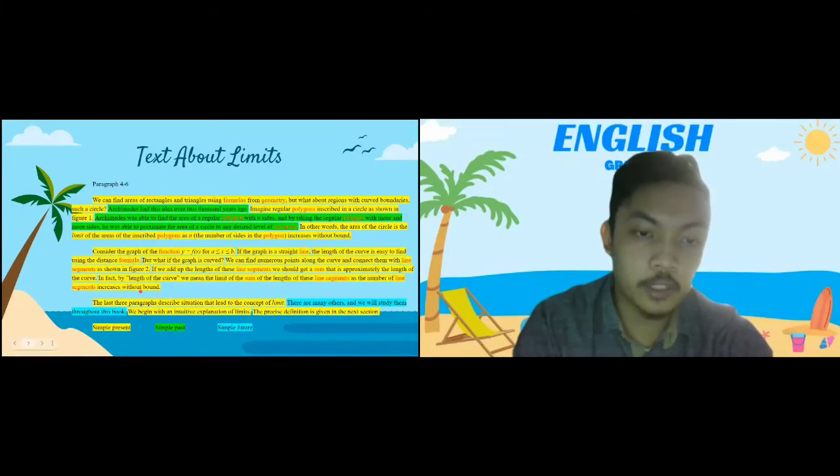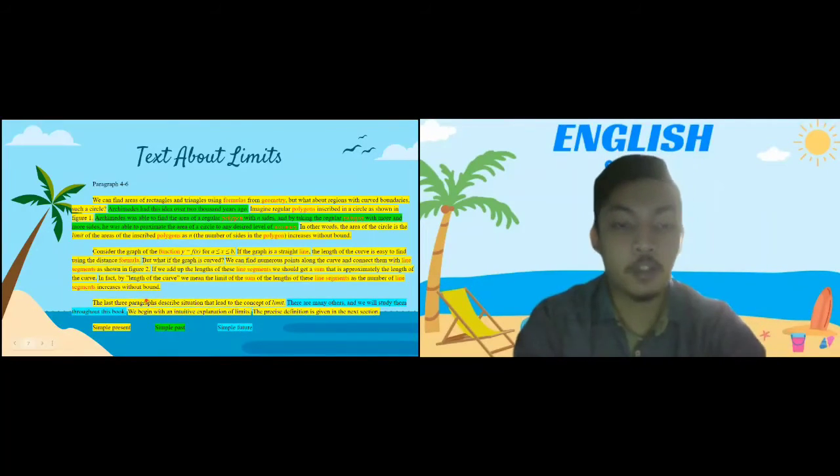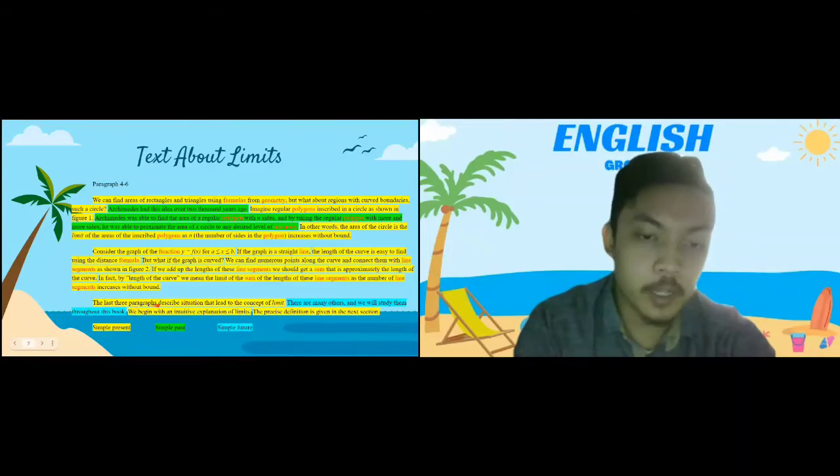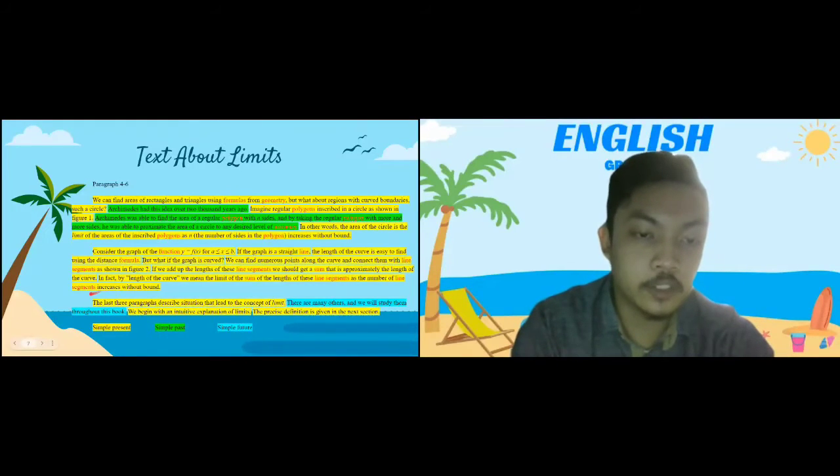Next, we are going to the sixth paragraph, paragraph 6. The last three paragraphs describe situations that lead to the concept of limit. This sentence talks about a fact, and we can see the verb is verb one, which means that the sentence is simple present tense.